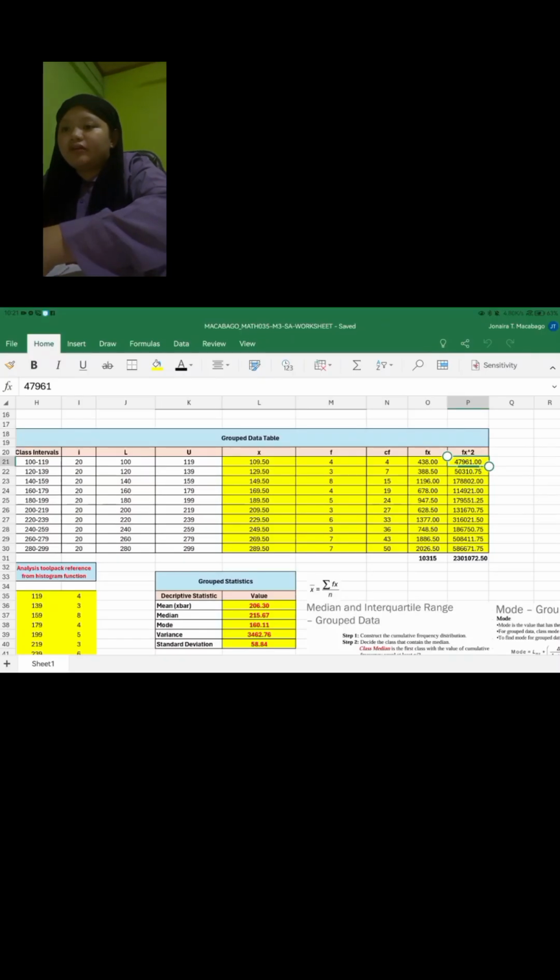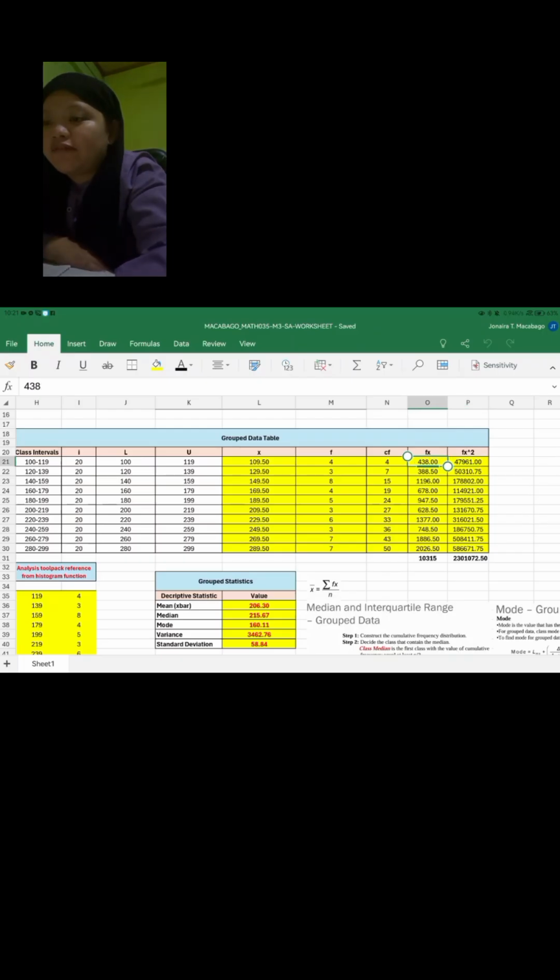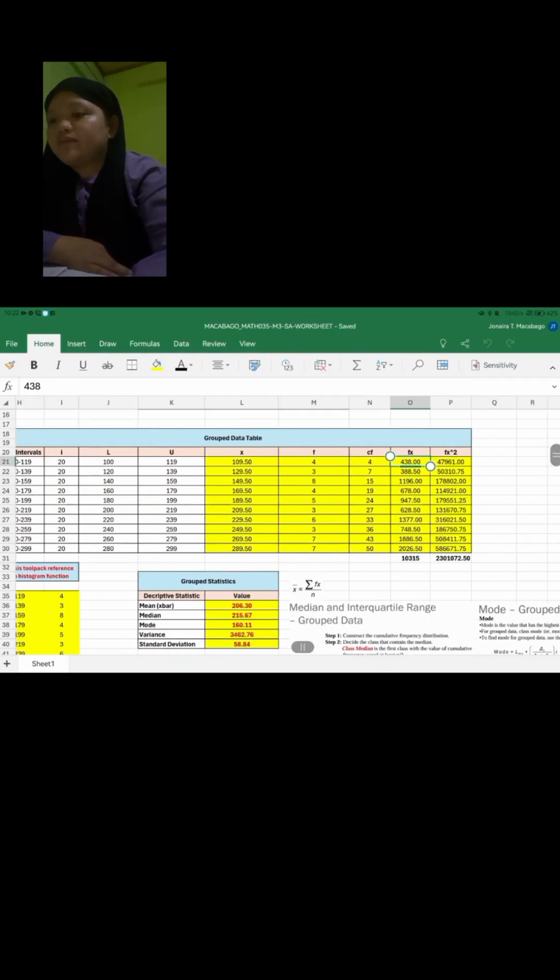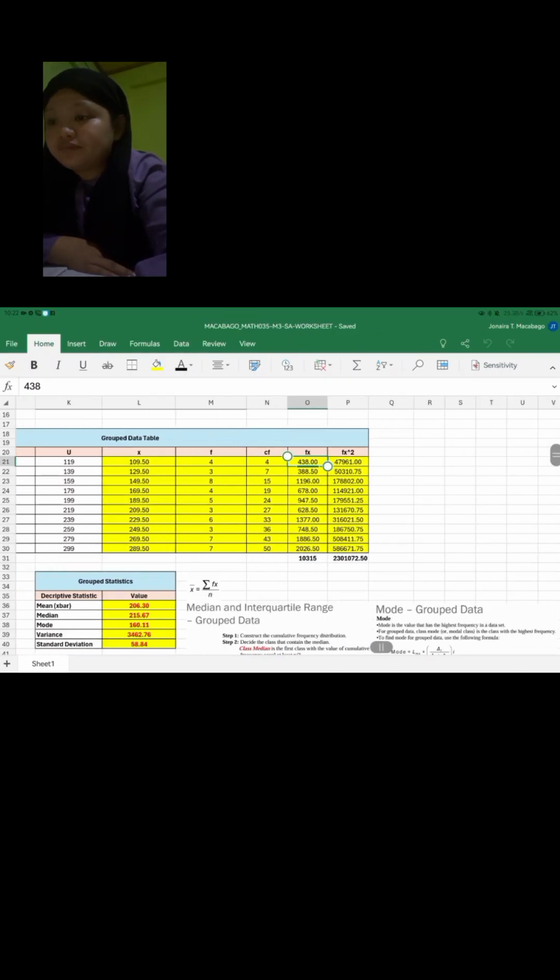And now, how did I get the fx? Using the midpoint, you're just going to multiply it by the frequency, 4, and you get the answer of 438, and the rest are just the same. Then how did I get the fx squared?